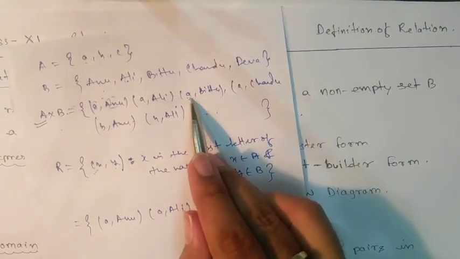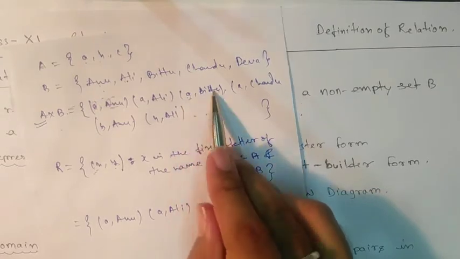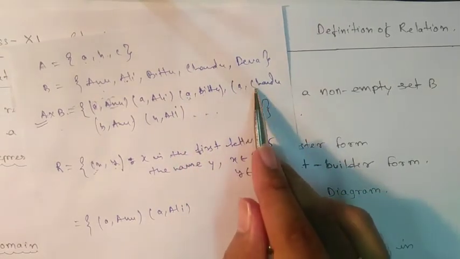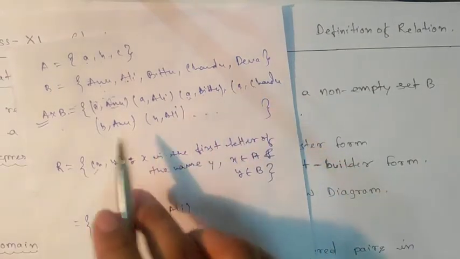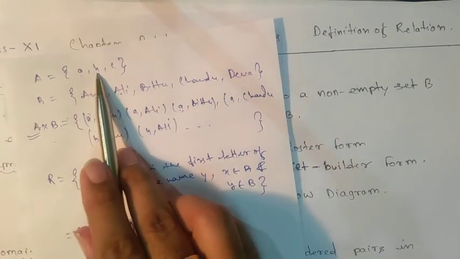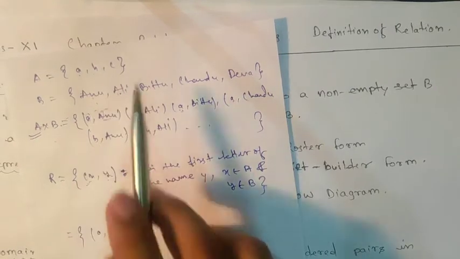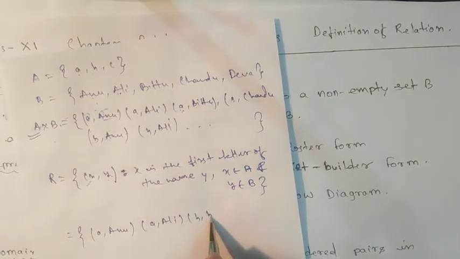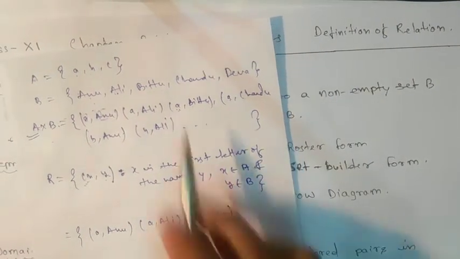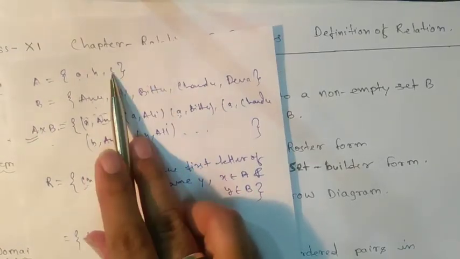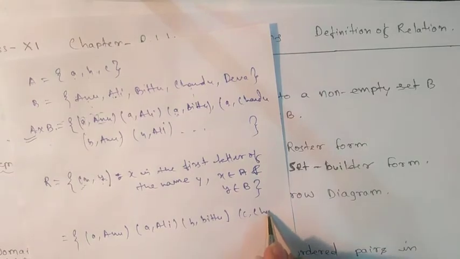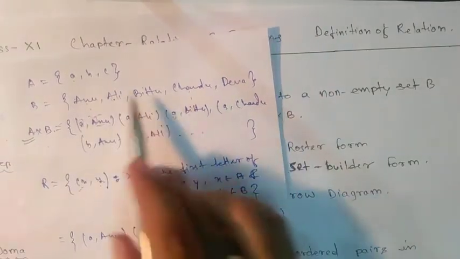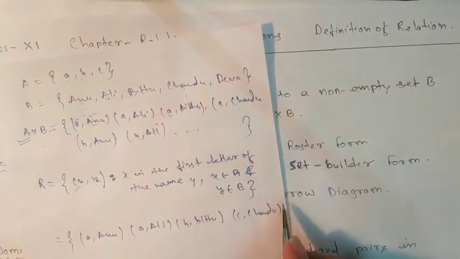Here a and c are not matching, so we'll not take that one. Similarly with b: (b, Bittu) we'll take. Is there any more? Yes, (c, Chandu). D is not there, so we will not go with that.